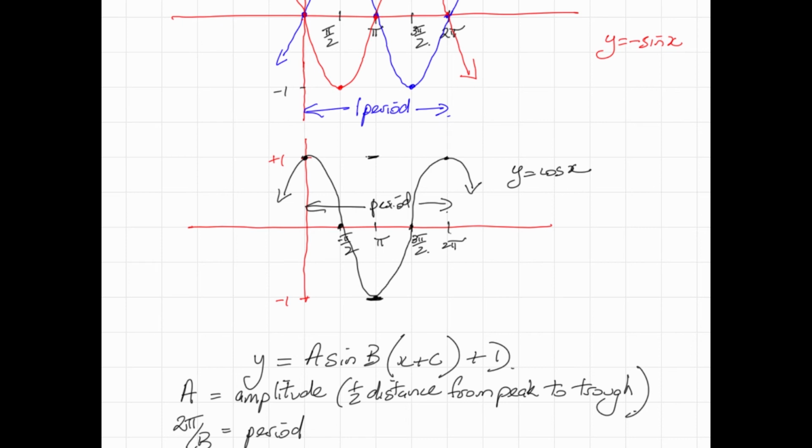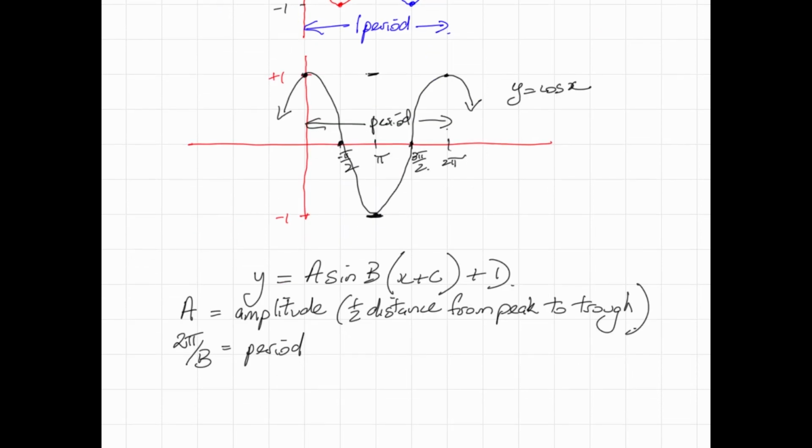So 2 pi on b is the period. b is sometimes given a special name of frequency. So these are key words. Amplitude is a key word. Frequency is a key word. And period has a special meaning as well when we talk about periodic functions.